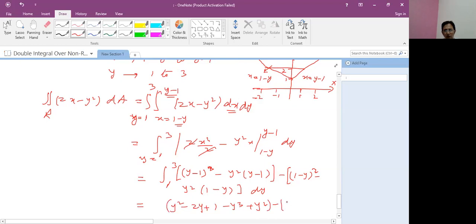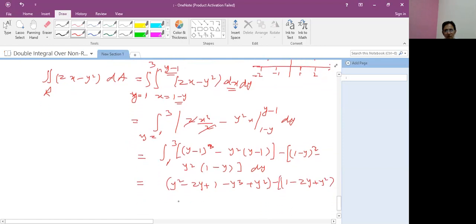And in the second part, if we expand a minus b whole square, it is 1 minus 2y plus y square minus y square into 1 minus y cube into dy. The limit from 1 to 3.